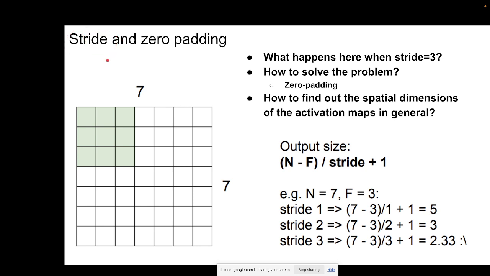Very often, strides with more than some quantity, generally 2 is the highest that I have seen, but stride equal to 2 is also very common. One thing you have to realize is that when you have stride equal to 2, you keep a gap, so you take 2 steps to take the next window.